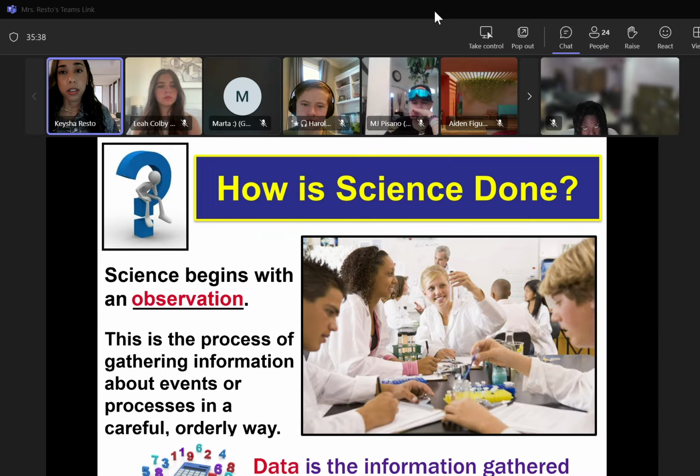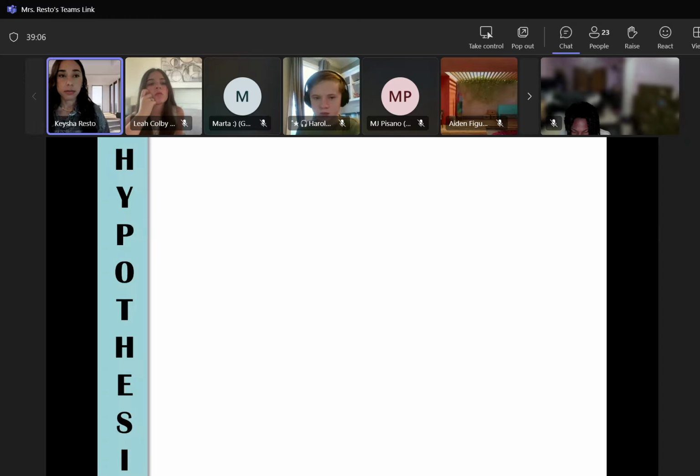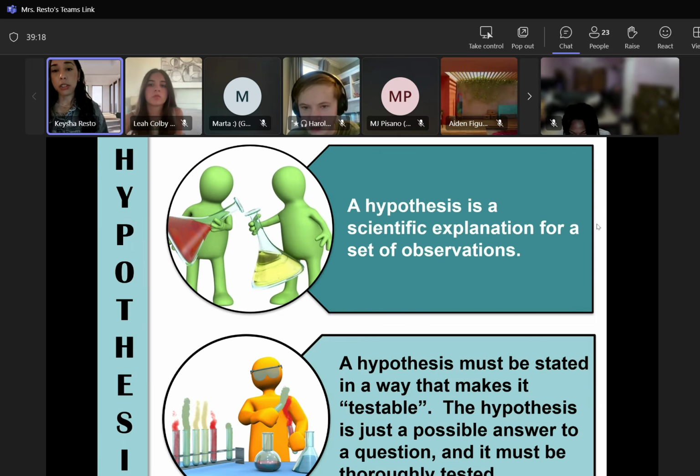Your observation is, for example, this bird has blue feathers. But a hypothesis, the way you write it, is the explanation for what you observe, and we have to make it in a way that is testable. That's what you're going to be doing when you write your hypothesis.